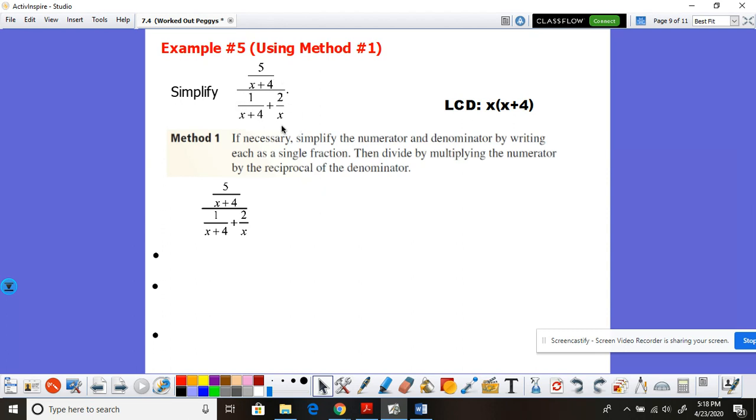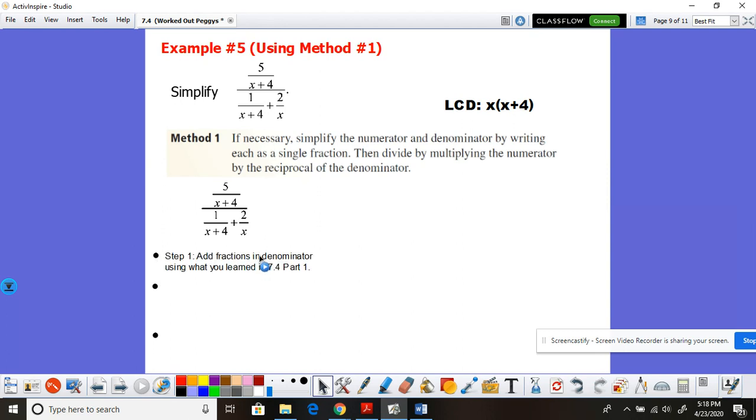Now if we look at this denominator, 1 over x plus 4 plus 2 over x, it's kind of a hot mess. The first thing I want to do is put these together to make this one fraction. In order to do that, I have to use the LCD. So the LCD here is x times x plus 4. Step 1, find the LCD.